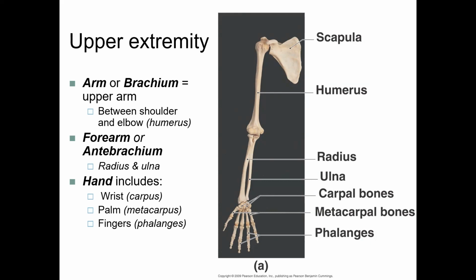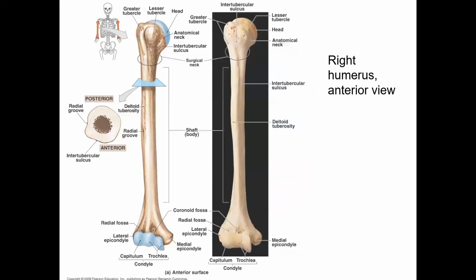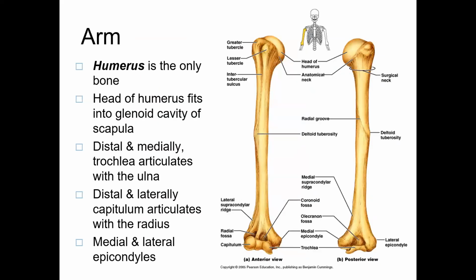Now, with that said, I do believe we also spoke about the distal end of the humerus, right? We spoke about how it forms a joint with the ulna and the radius. I remember mentioning the capitulum and the trochlea in particular because of their association with the elbow joint, right?